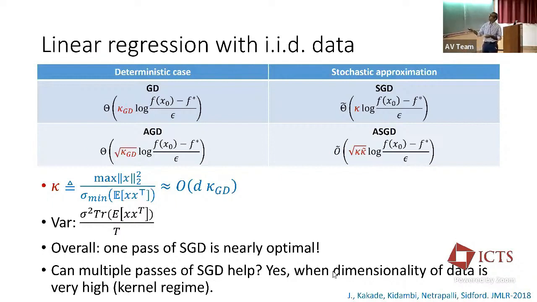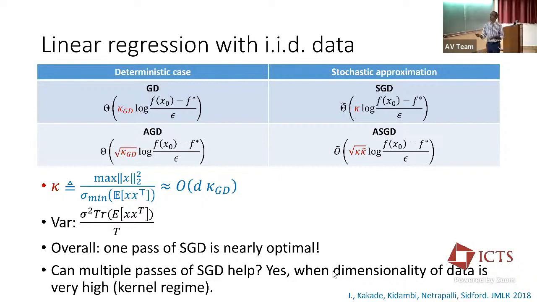When you do SGD, you have a very similar term, plus the standard information theoretic variance term, which will stay for all of them, but you will be able to converge to a good point at this rate. But the kappa you have here can be almost order d larger than the kappa you have here. That is the price you have to pay for processing only one point at a time, rather than your entire batch of points at a time, right?